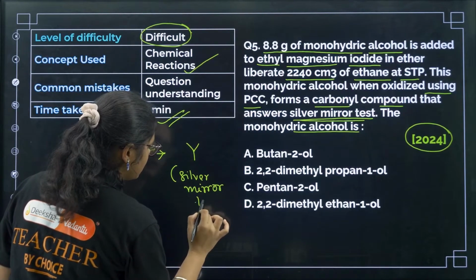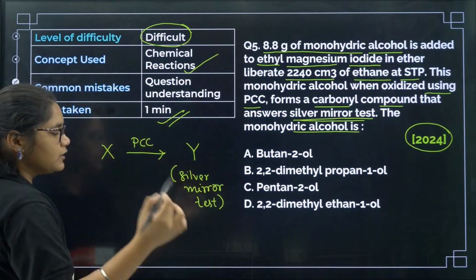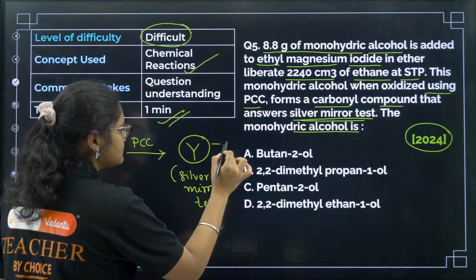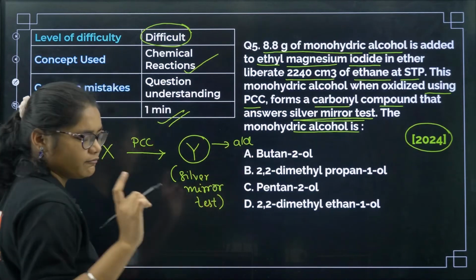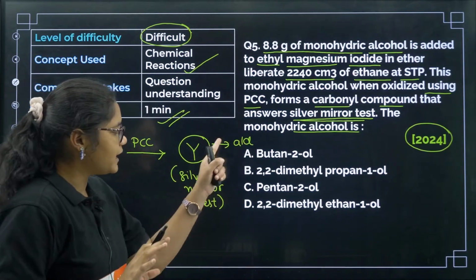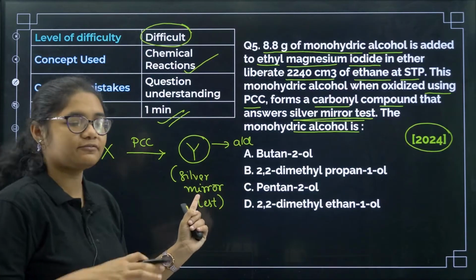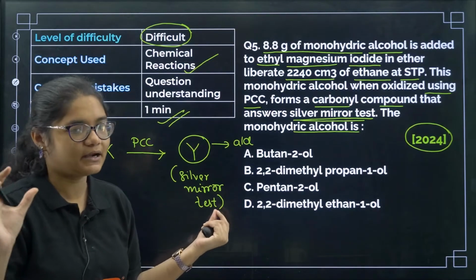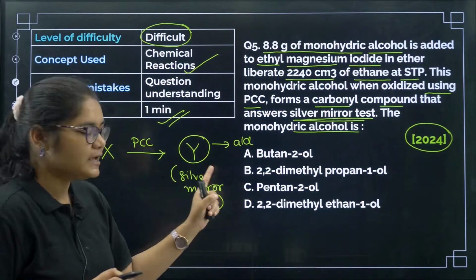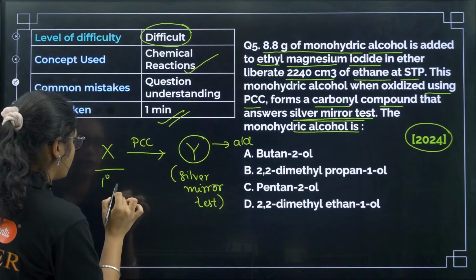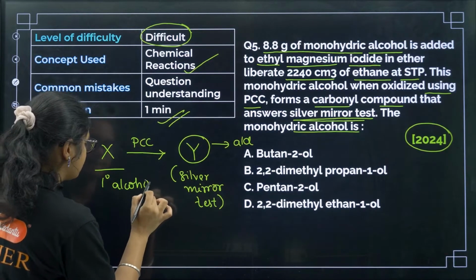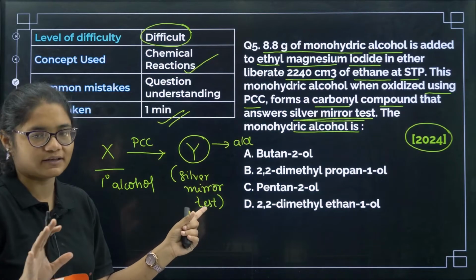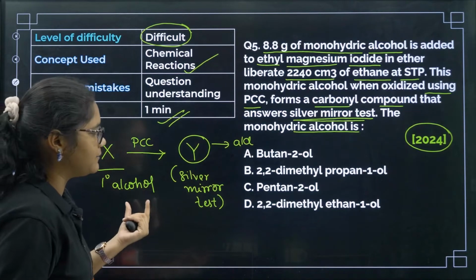Silver mirror test, okay? So now you should be very clever to know here that this Y must be an aldehyde, okay? If Y has to be an aldehyde, because aldehydes give a positive test for Tollens reagent or silver mirror test, then X must be a primary alcohol, right? Because if X is a secondary alcohol, we will get a ketone here, and ketone does not give silver mirror test. So X has to be a primary alcohol.